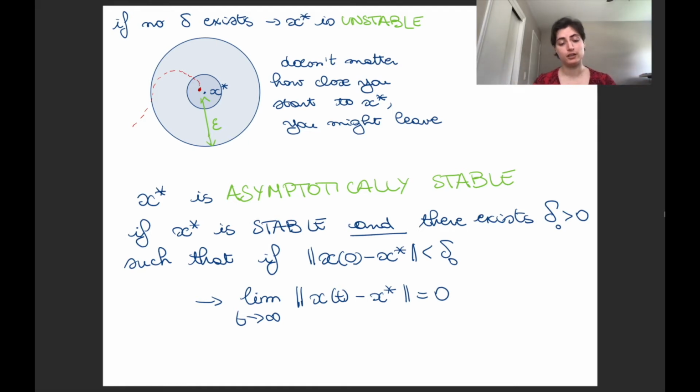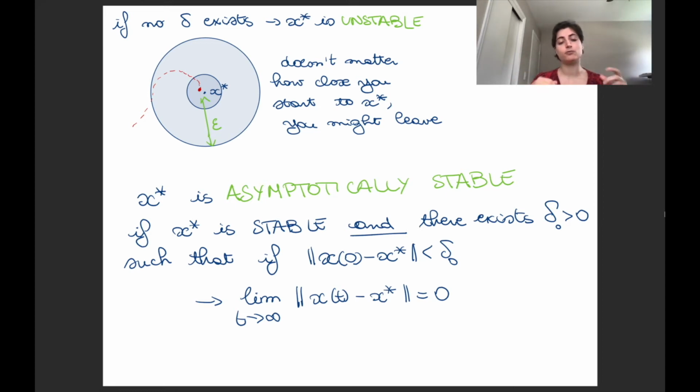There's also another thing that we want to talk about, which is asymptotically stable. So x star is asymptotically stable if not only it is stable, but on top of that, there exists another ball of radius delta 0, such that if you start inside that ball, then you actually go towards x star.